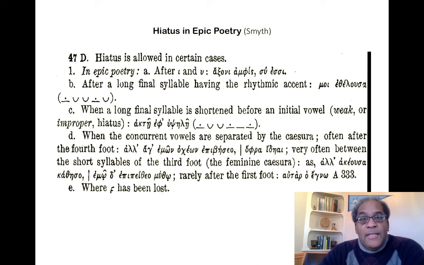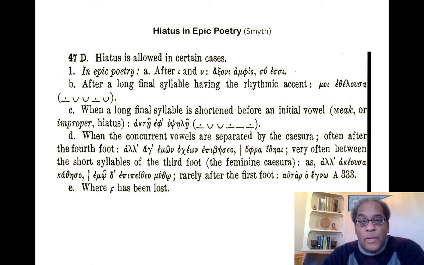Okay. Hiatus is, however, allowed in certain cases. 1. In epic poetry, it's allowed after iota and upsilon. B. It's allowed after a long final syllable having the rhythmic accent. We've already seen that in our examples. C. When a long final syllable is shortened before an initial vowel.